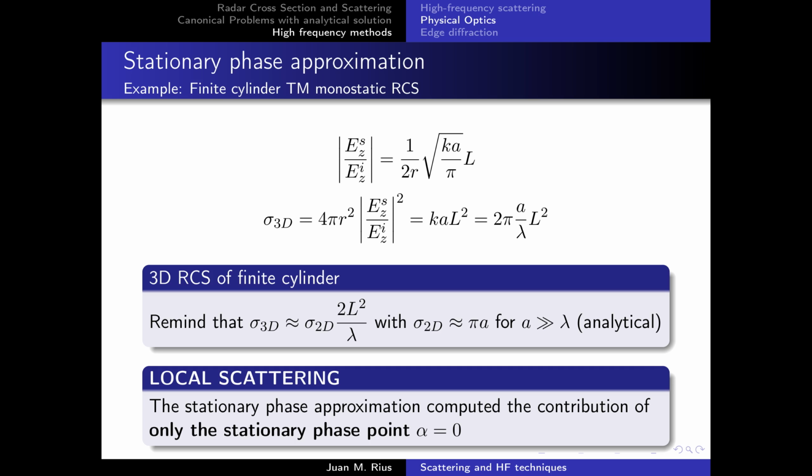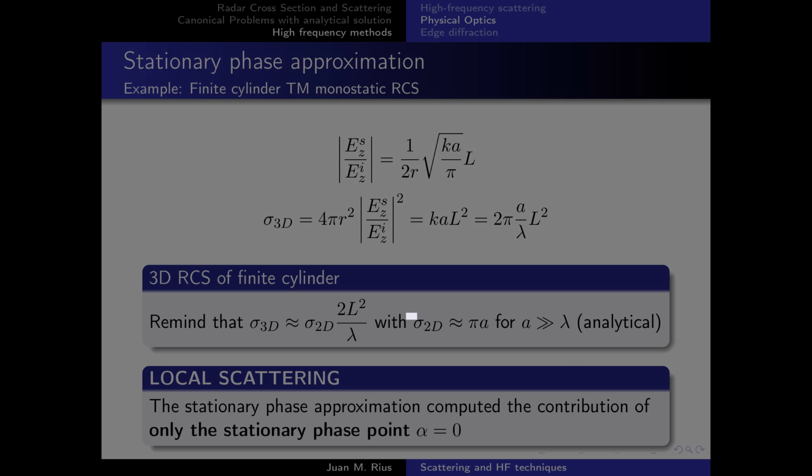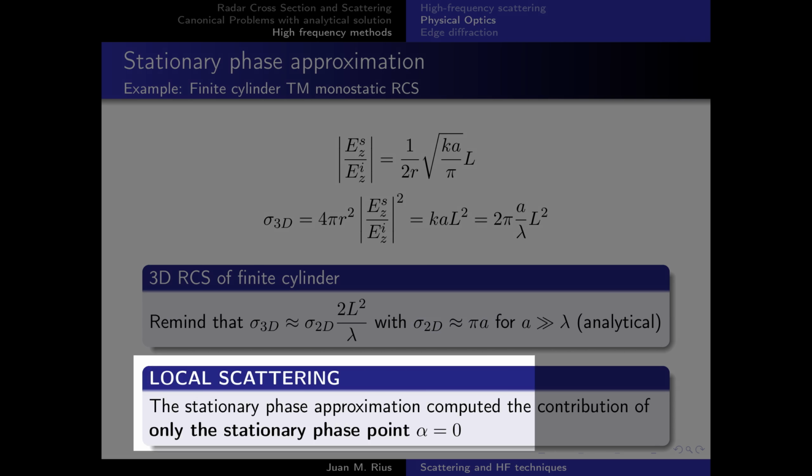So including only computations at the stationary phase point, we obtain the same result as was derived from the analytical solution of the canonical objects using the expansions of Hankel and Bessel series. So this just confirms the local scattering assumption. This was a good assumption, and we have confirmed it mathematically with a stationary phase approximation and also with a very simple example.